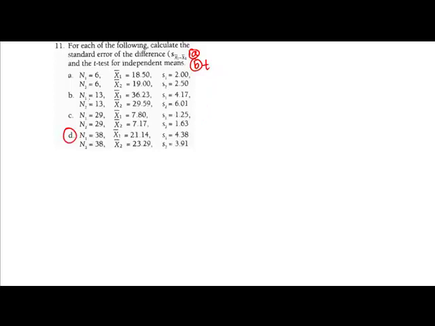Let's go ahead and do D. First step is the standard error of the difference. We have equal sample sizes, so we can use our easy friend. Let's plug these numbers in.